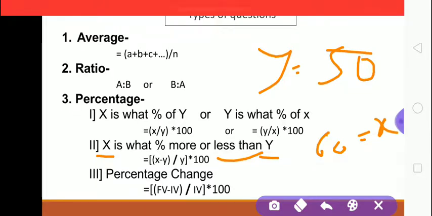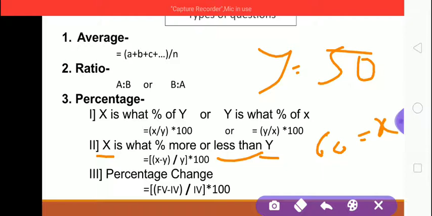You will get 10 divided by 50 into 100, that is 20%. So x is 20% more than y. Here the value comes as plus. When the value of this formula comes as a plus, you can conclude that x is more as compared to y.